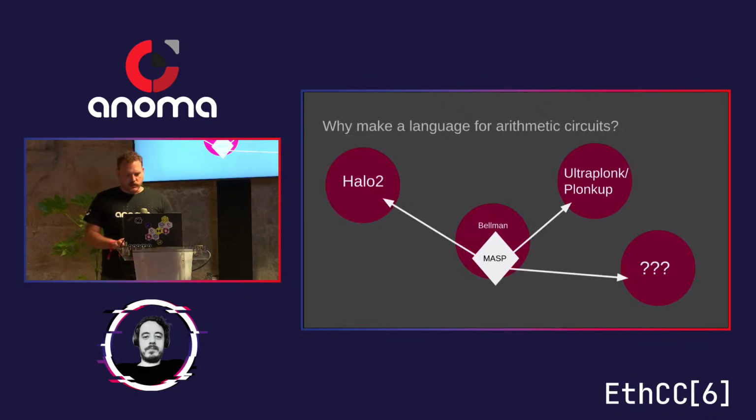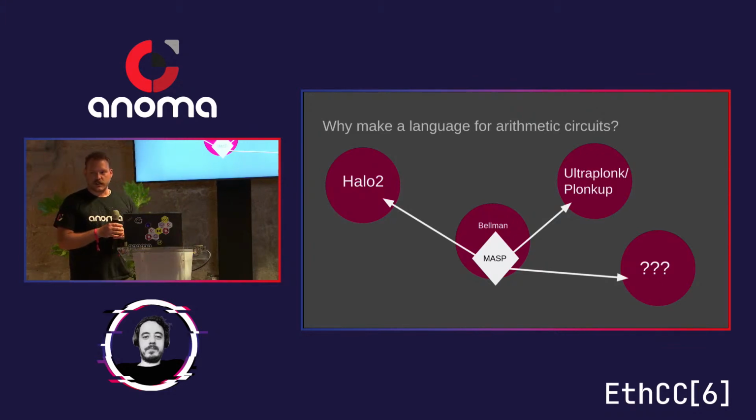Okay, so I've covered this a little bit already, so I'll try and go fast. We have this project called the MASP. It's the multi-asset shielded pool. It is a component of our Namada chain, which is in development right now. The MASP was written a few years ago in Bellman, and it uses the Groth16 proving system.